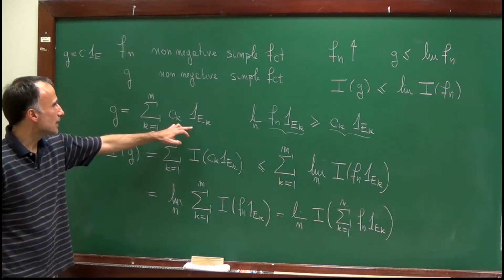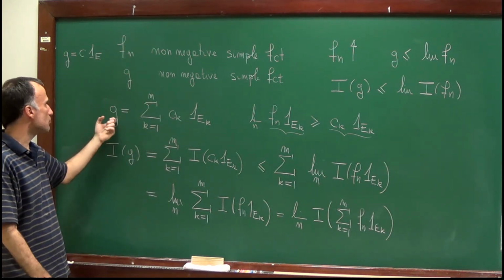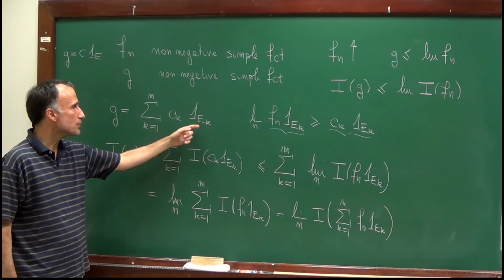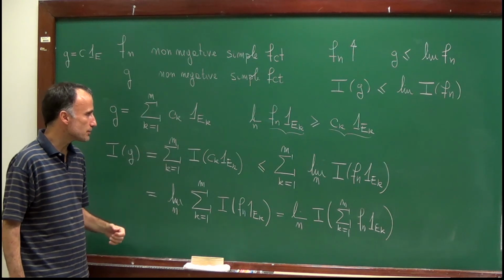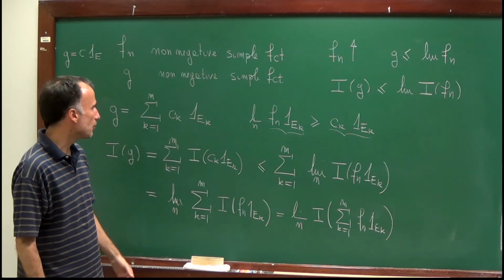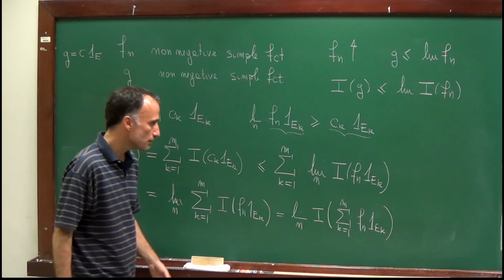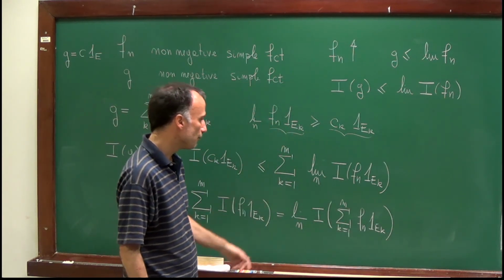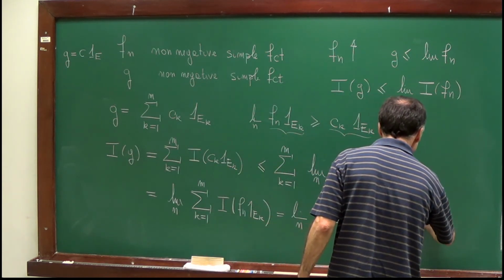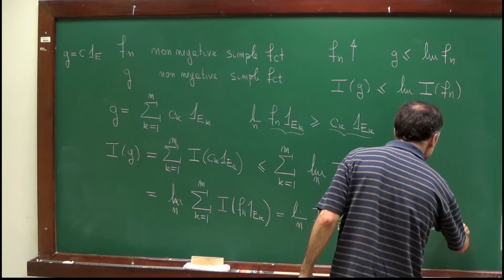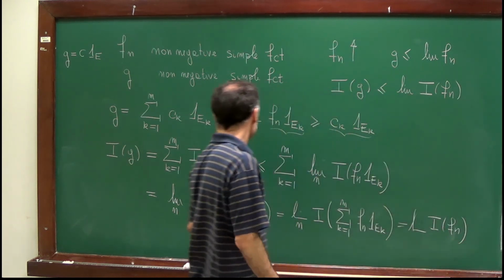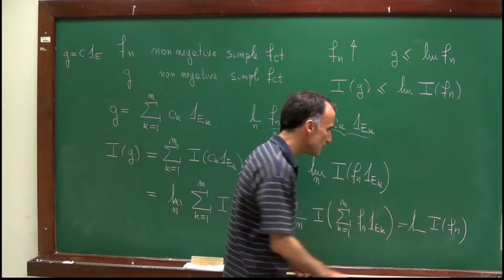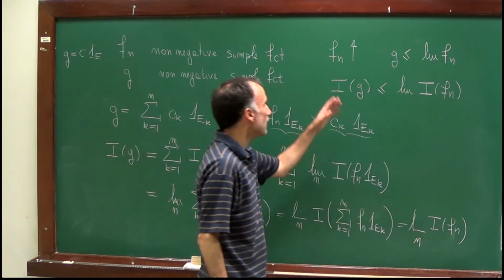So remember that since g is a simple function, we expressed g through a partition of the set omega by elements of the sigma algebra. So we can assume that ek forms a partition, and therefore when I sum over k all the indicators of ek, I get 1, and so this is exactly equal to the limit of the integral of fn, and therefore we have that the integral of g is less or equal than the limit in n of the integrals of fn as we claimed.